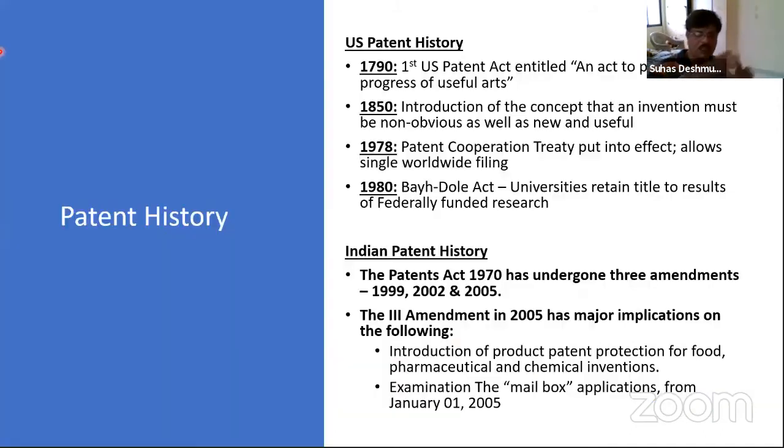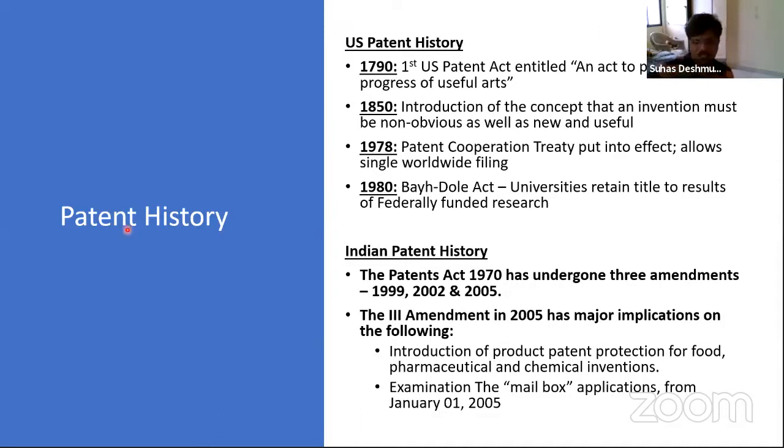So now what is the basic history of this? In 1790, the US had started their patenting act at first. They decided why can't we provide a protection for intellectual stuff, and then amendments have been done from 1790 till date, they have done so many amendments for this.